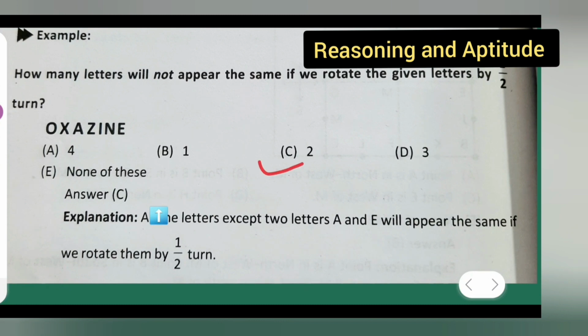Okay, the answer is 2, and the explanation is given right over here. All the letters except two letters, A and E, will appear the same if we rotate them by 1/2 turn. So if you rotate this, A and E will not be the same. Okay, I hope you all have understood this part also.